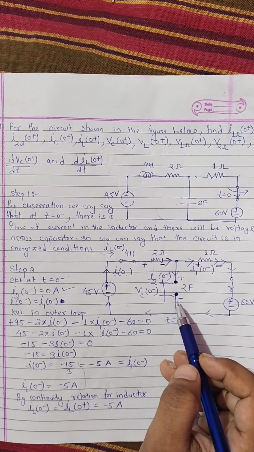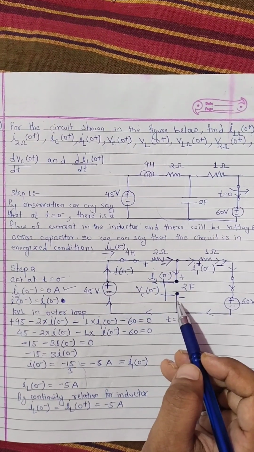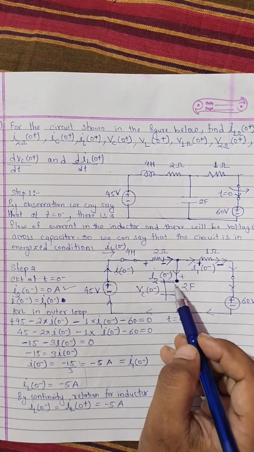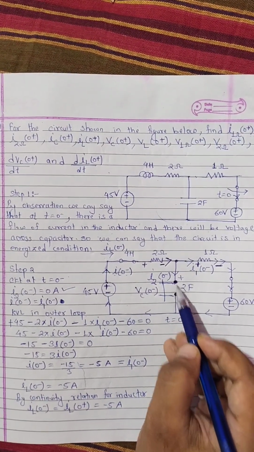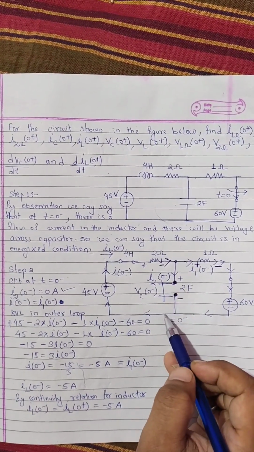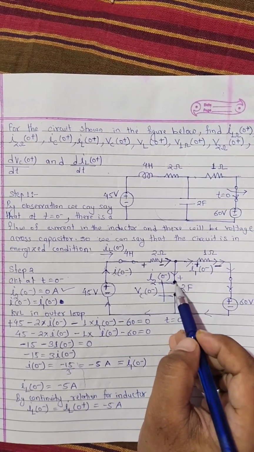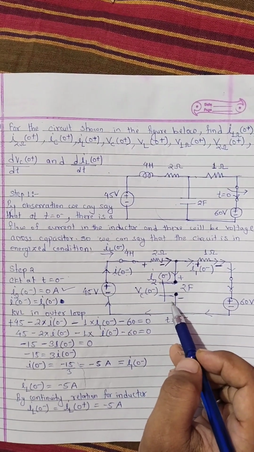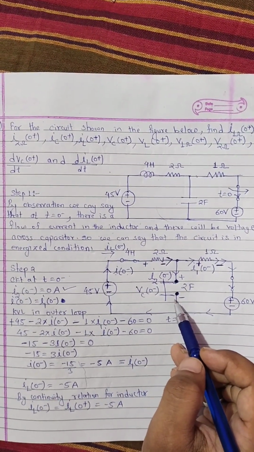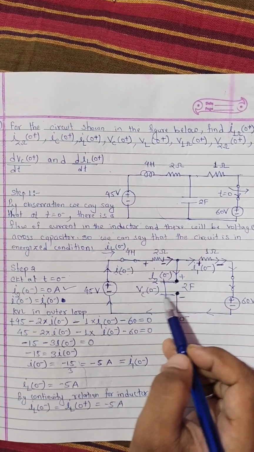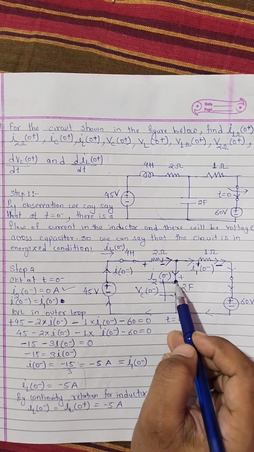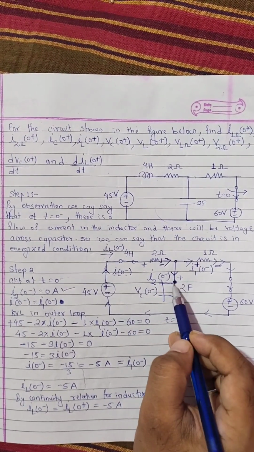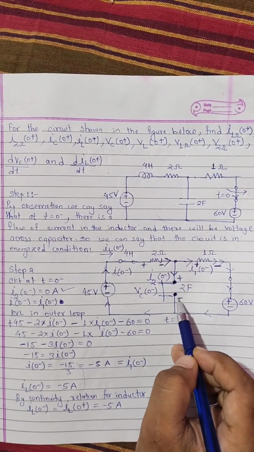To use the concept of starting point and finishing point, we should have the polarity in these two terminals. The polarity can be obtained with the help of the direction of current, which we have calculated previously. So this terminal is plus and this terminal is minus.